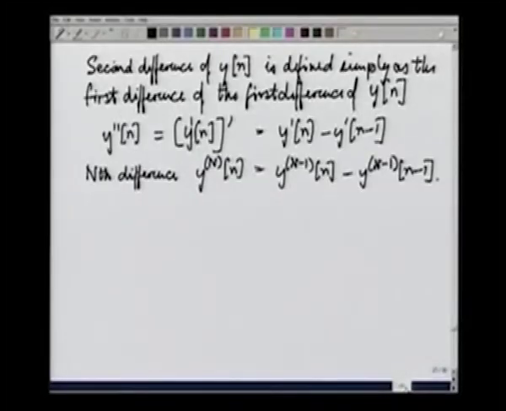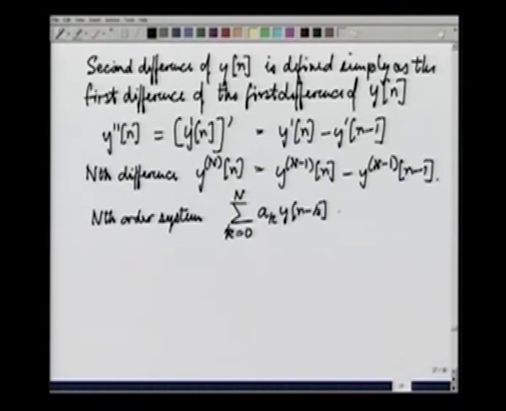So, let us rewrite it over here to acknowledge that we have completed our justification for an nth order system. This is what we have.